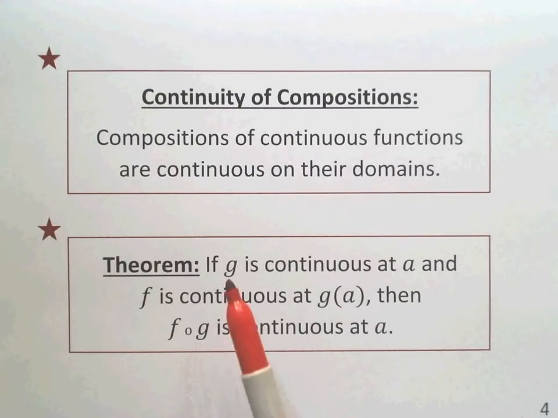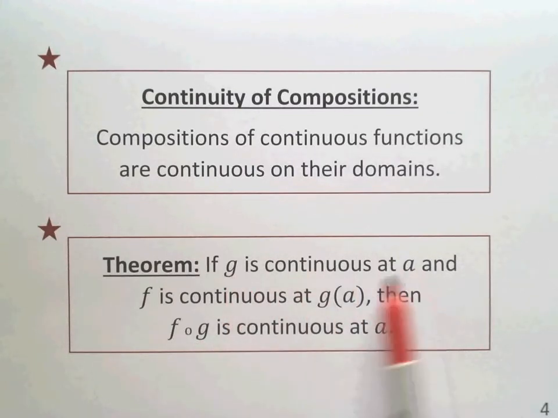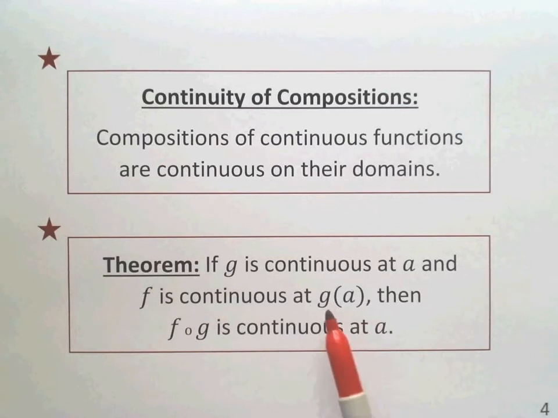If the inner function is continuous at a and the outer function is continuous at g(a), then the composite function is continuous at the original x equals a.